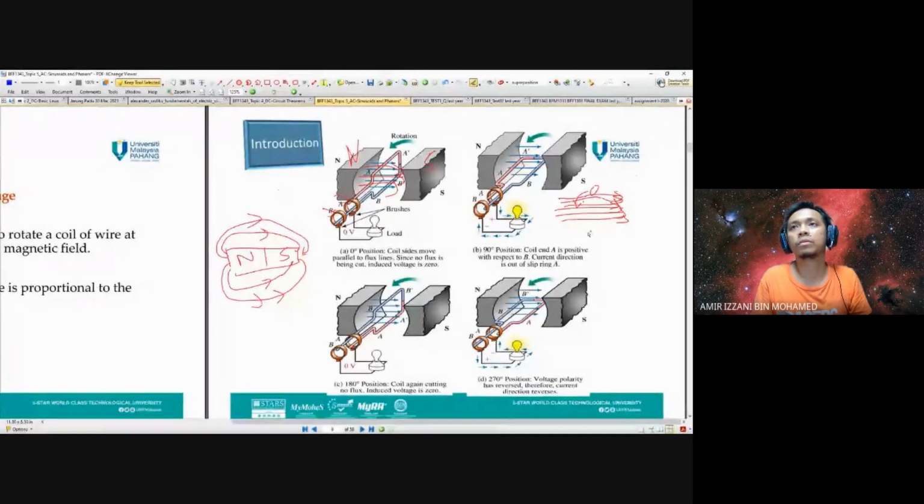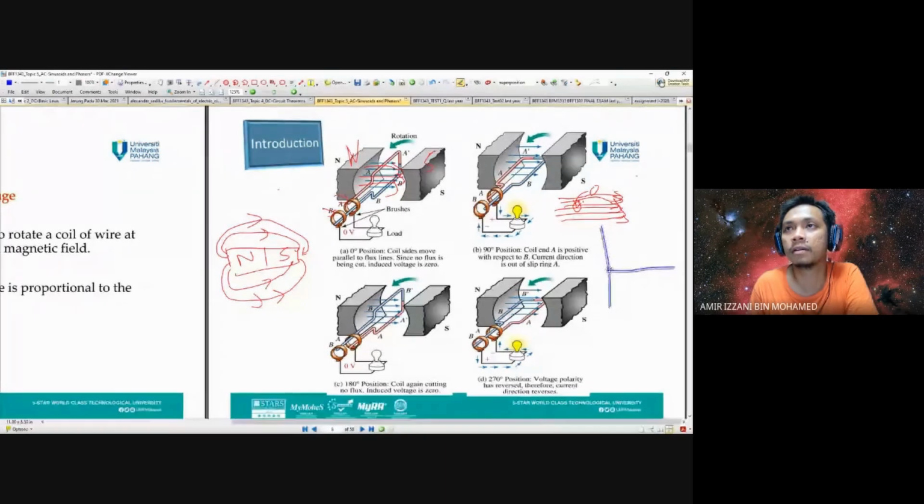Move to here, so voltage will be generated. At 90 degrees, it's difficult to draw.